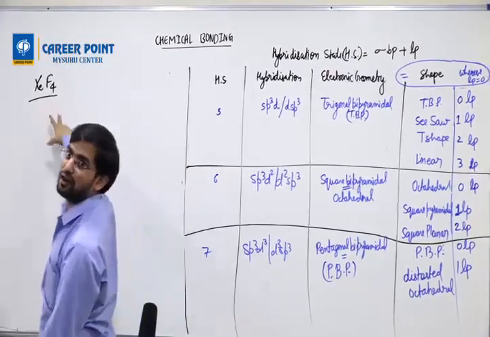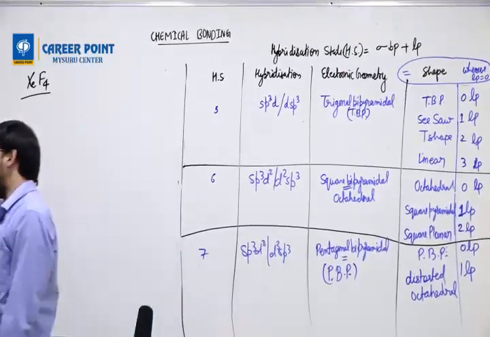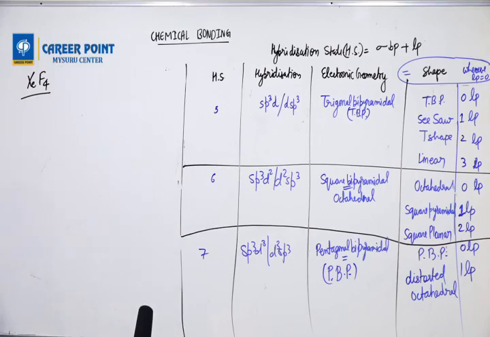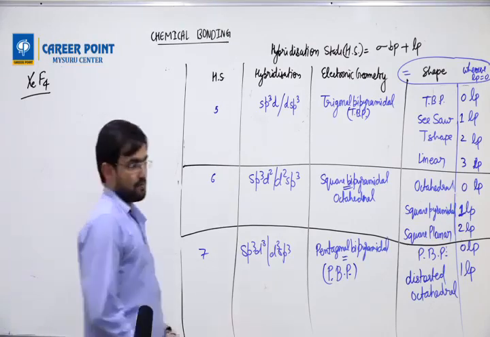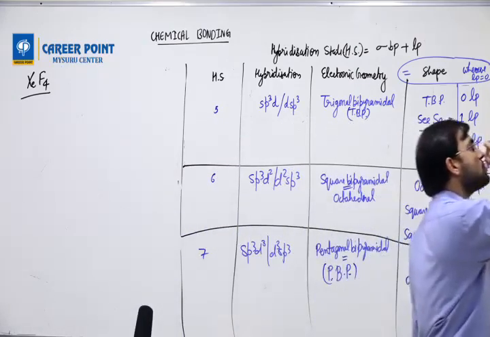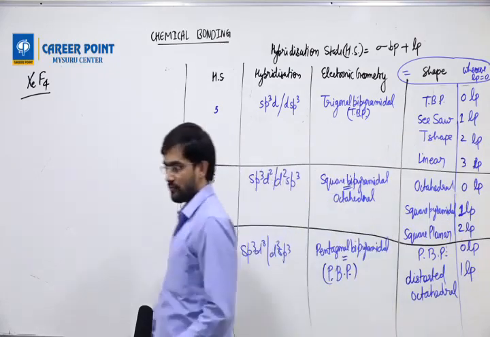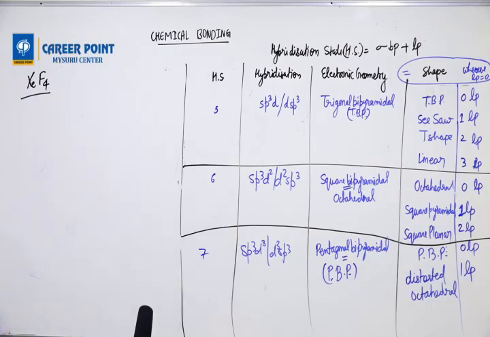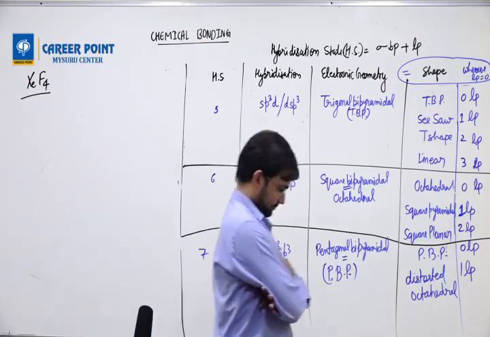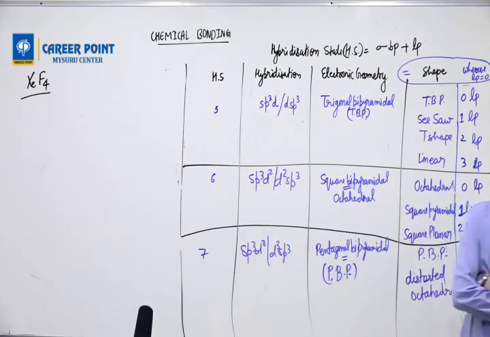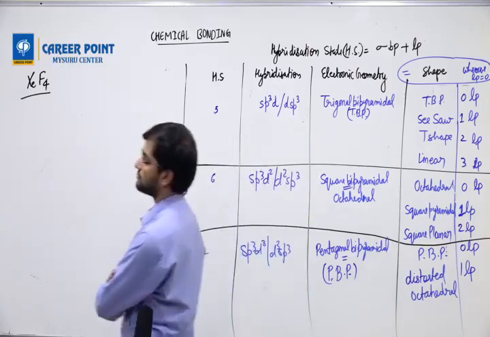If you are not able to solve this question correctly, there is a very high probability you will not get marks in the exam in the chemical bonding chapter. Solved?